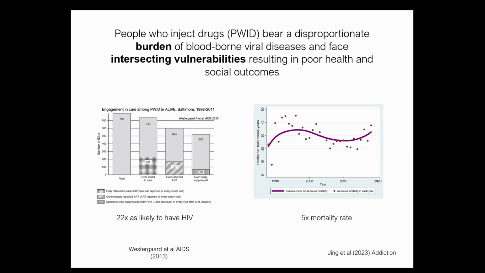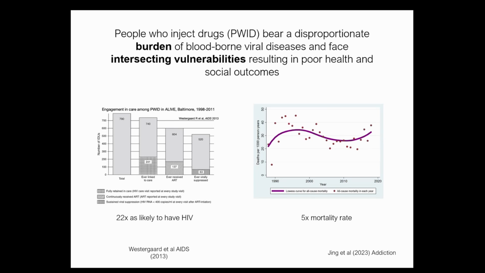And this study has actually been going on since 1988, and a lot of the issues that were in The Wire are still issues today, about the impact of drug use, the impact of policing and things in Baltimore. The left-hand side is a figure from this study, called the ALIVE study, showing that individuals who inject drugs are 22 times as likely to be infected with HIV, and they had about a 5 times mortality rate.